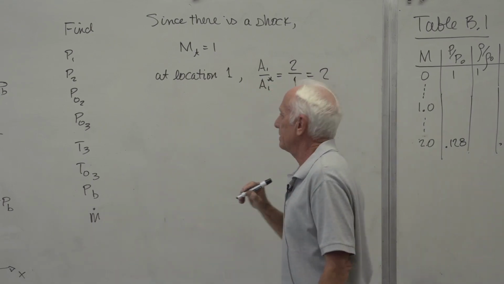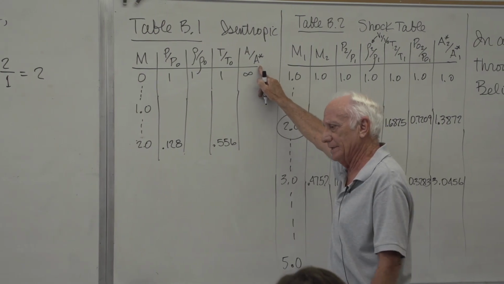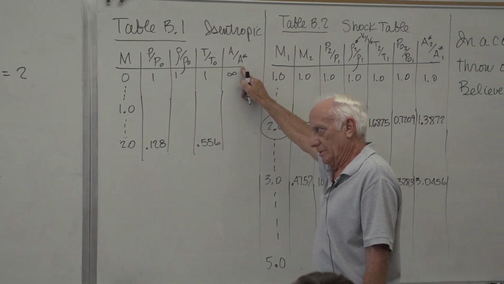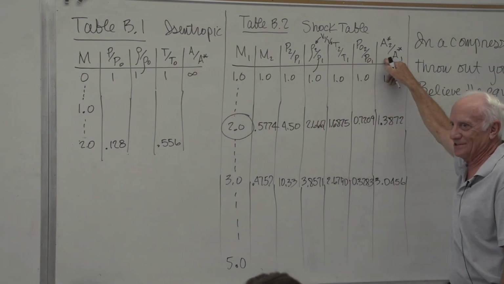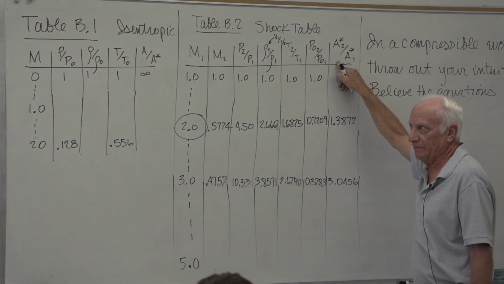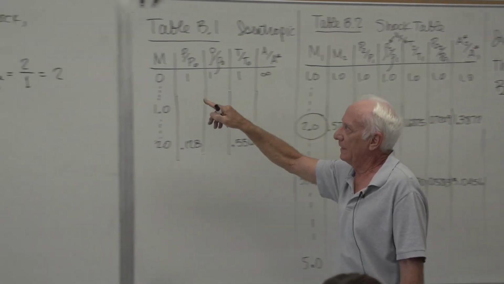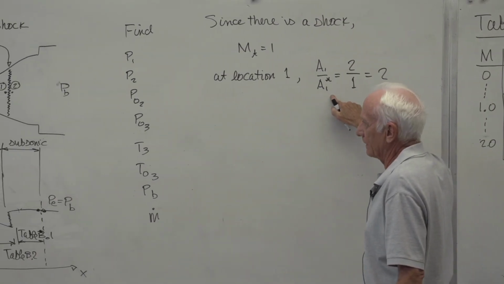Why do we need to put a subscript on A star? Isn't A star just A star? No, if there's a shock present, A star changes across the shock wave. So you've got to do your bookkeeping really carefully. This is A1, this is the area A1 star.